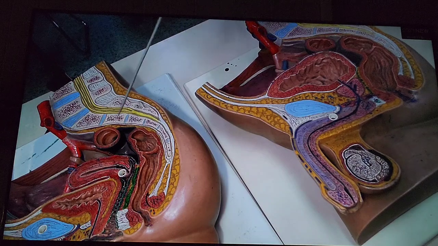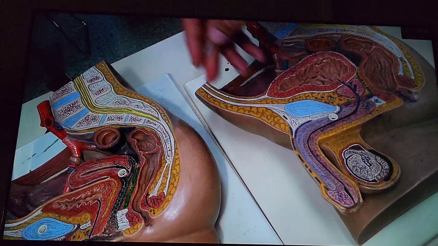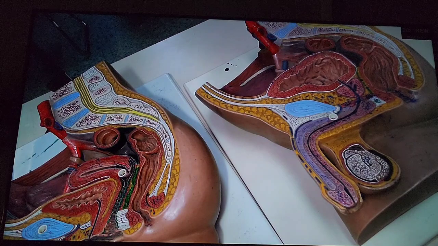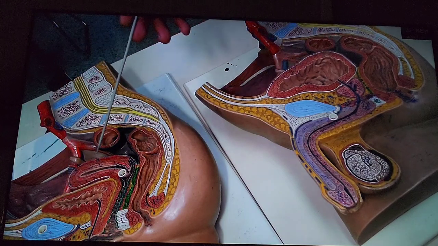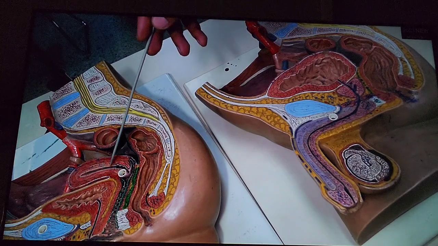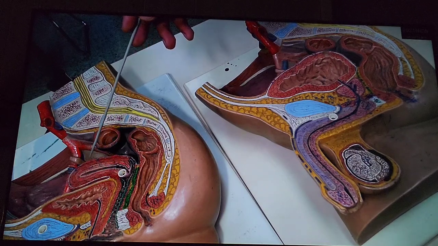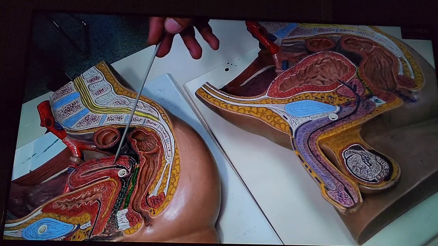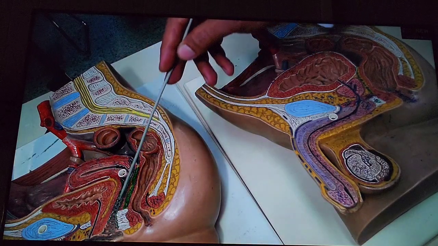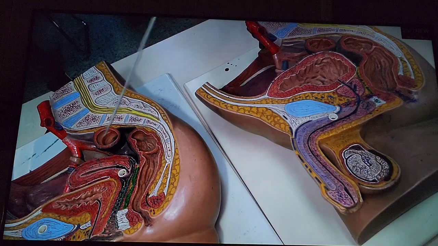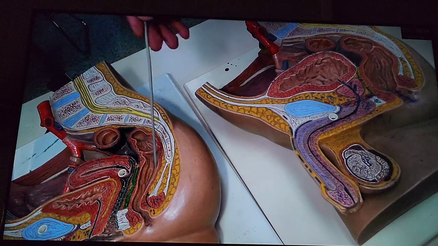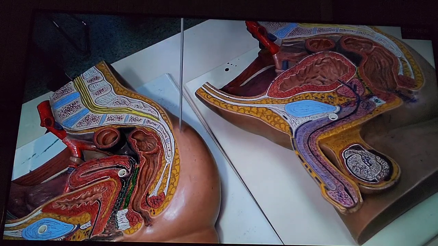In case of female, the general arrangement of the peritoneum described in male is the same, but it accommodates the presence of the uterus and the vagina. The uterus and the vagina intervene between the structures mentioned in male.